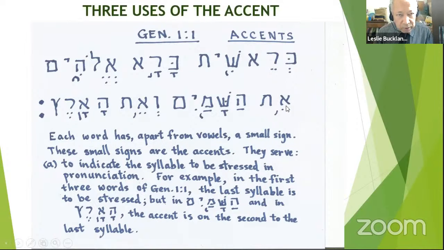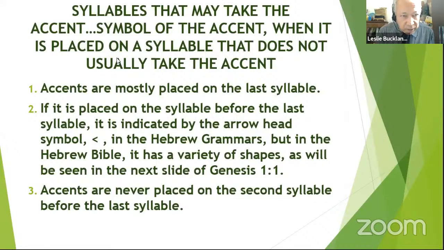Okay, so there are three uses of the accent. Now let me go back. So here are some important basic rules concerning accents. They're mostly placed on the last syllable. And in the Hebrew grammar, you would not see this symbol over the last syllable of a Hebrew word.